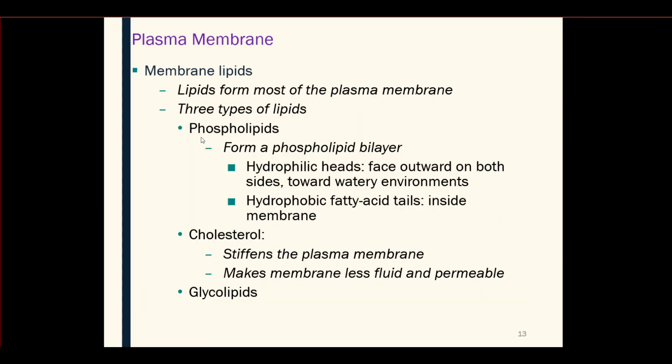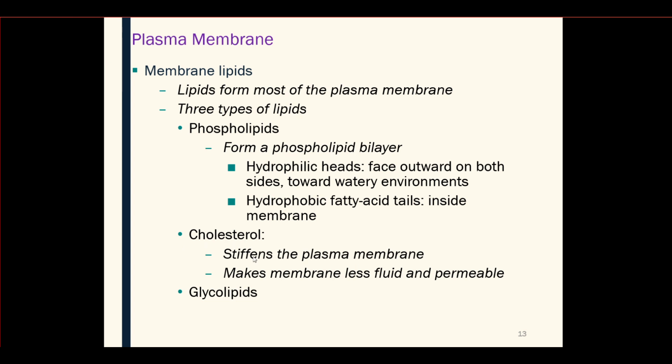Okay, so this is an important slide. The membrane lipids include three types of lipids: the phospholipids, which make up the phospholipid bilayer. Again, that's all based on the fact that the head of the phospholipid likes water, it's hydrophilic, while the fatty acid tails don't like water. Then there's also cholesterol.